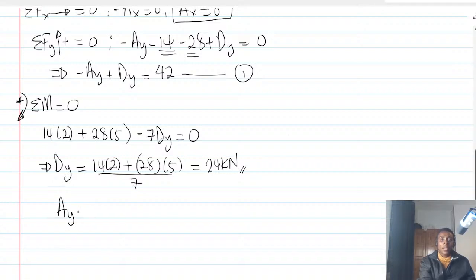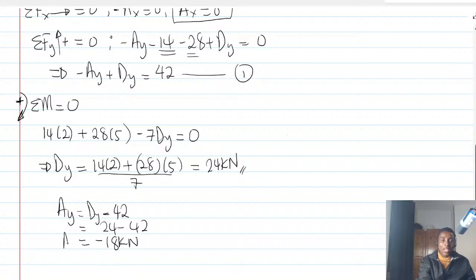So Ay is going to be dy minus 42. And what is that? All right, so 24 minus 42, which is minus 18.